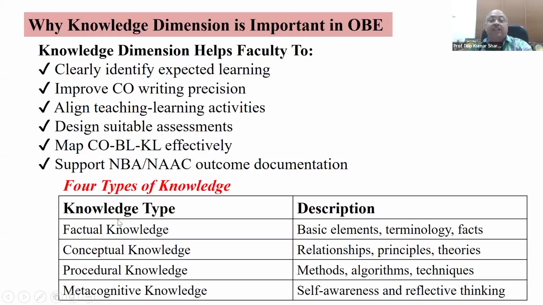So there are 4 types of knowledge: factual knowledge, conceptual knowledge, procedural knowledge, and metacognitive knowledge. Please note, knowledge levels are also there. Knowledge attitude is a different thing.